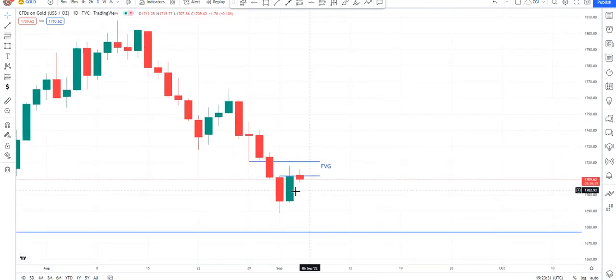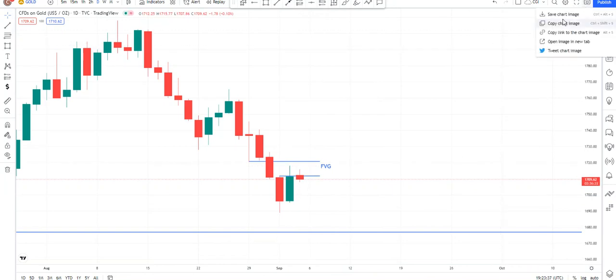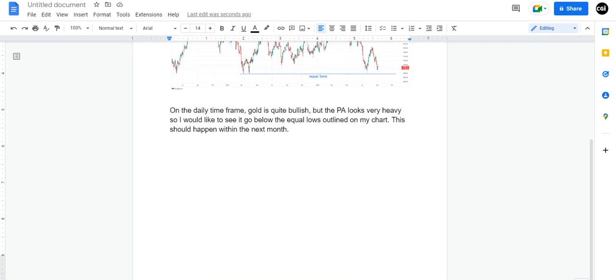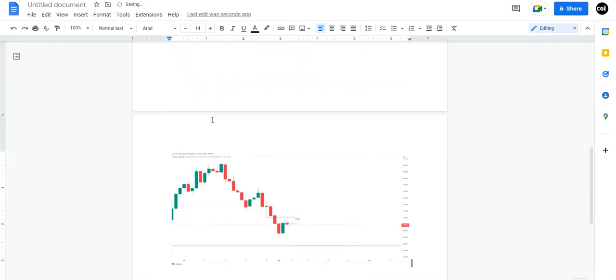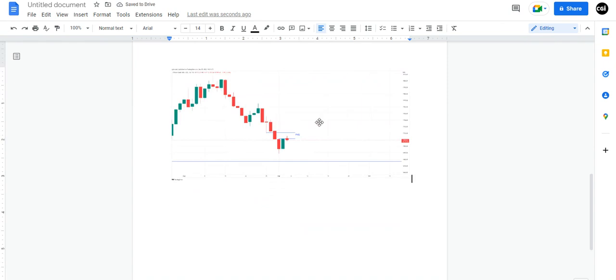So in here, we are looking at targets and you're checking out your fair value gap. This is how you do it as a beginner, not rushing to make money. If you rush to make money, you will come back to square one as a trader.